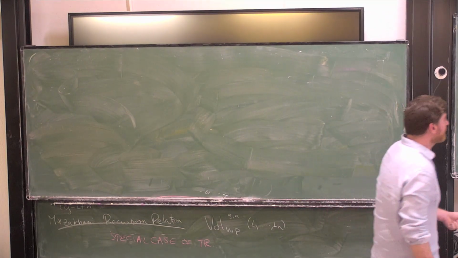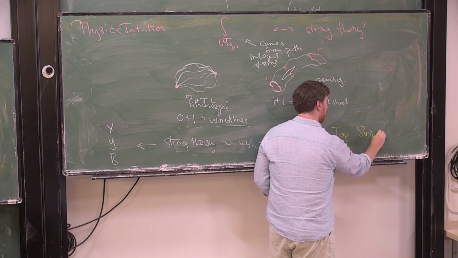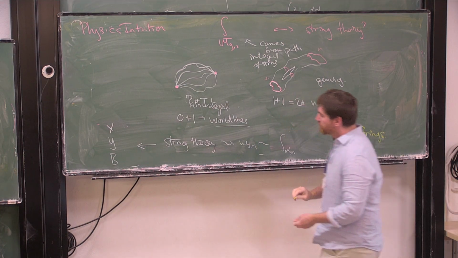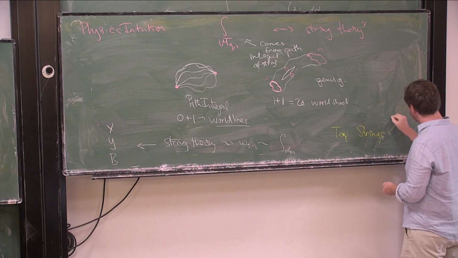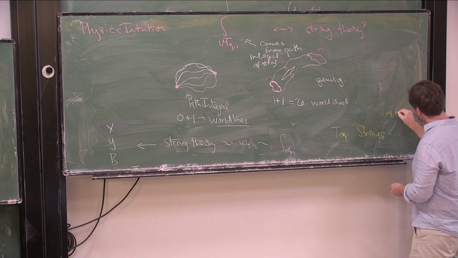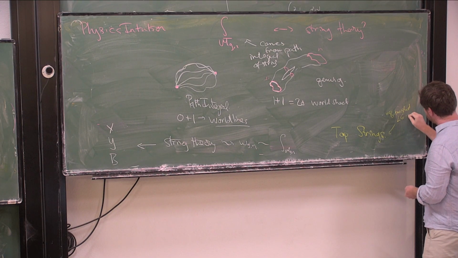So they are a particular type of strings. They're very simple, so they're called topological strings. And it turns out that all of those quantities over there actually have meanings in the string theory. So in the string theory, these are called B-twisted Landau-Ginzburg models.